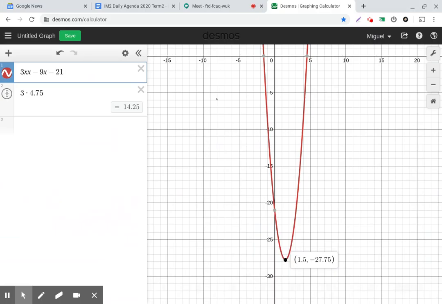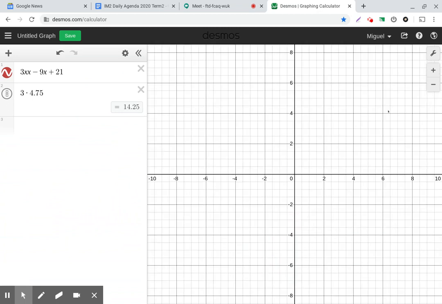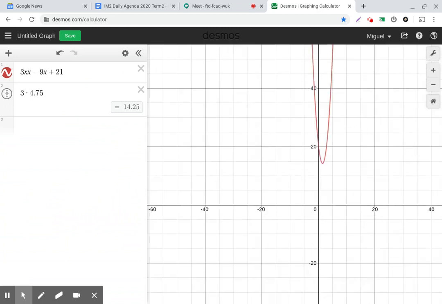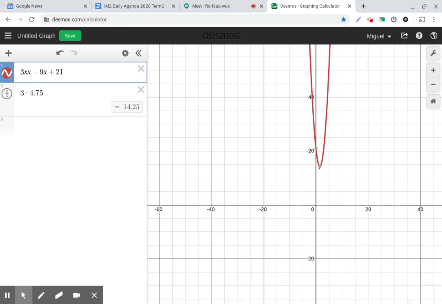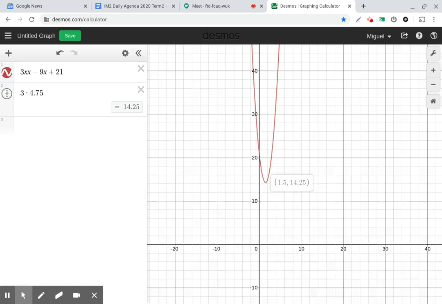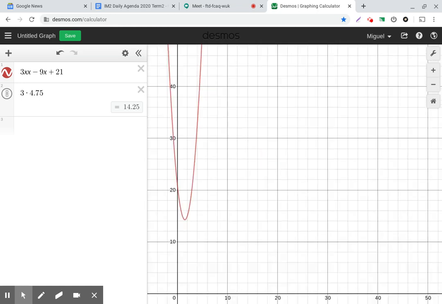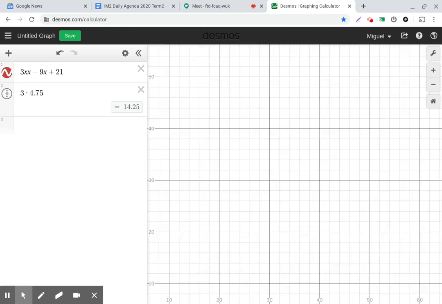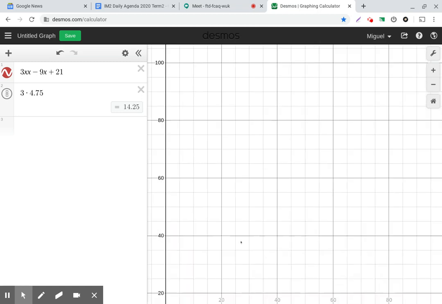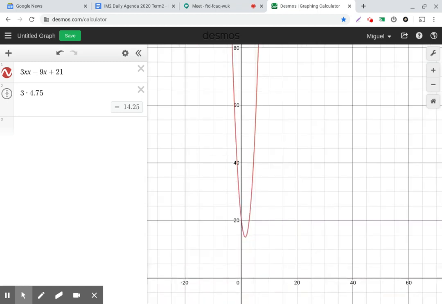Oh, I got it. I put minus 21. It's supposed to be what? Plus 21. Okay, let's see what this one's at. So there it is. There we go. So it's 14 and a quarter. Okay. So I made a mistake by typing in a negative in the wrong spot.